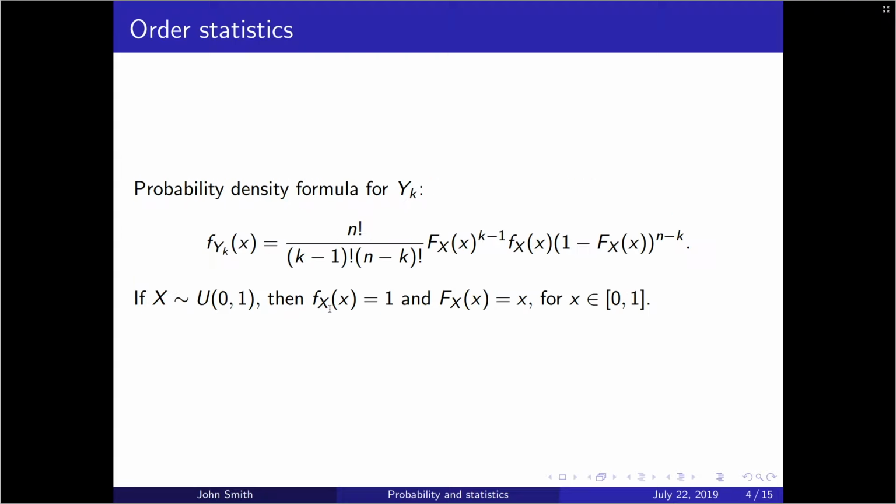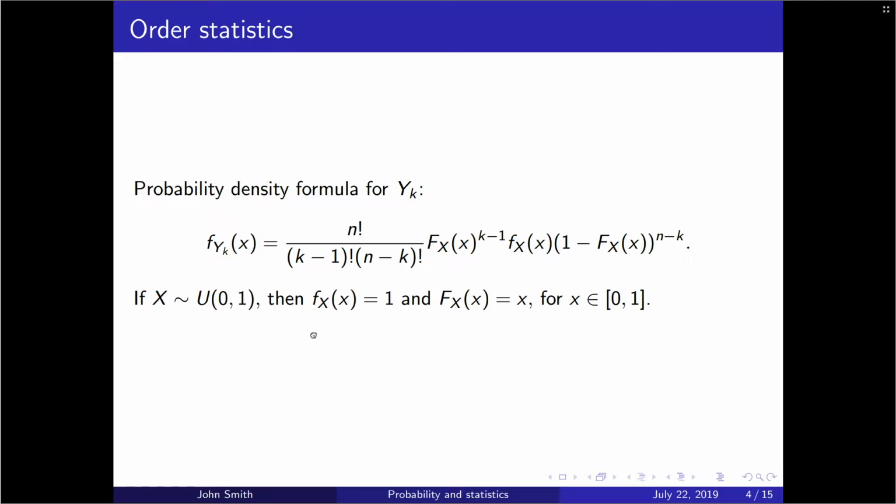Once we have the values ordered, we can ask the question, how is the smallest value distributed? What about the second smallest, or the largest? We can pick any integer from 1 to n and sketch the probability density function for the corresponding y sub k variable to see how the values are distributed. The formula is somewhat tricky, but the most important parts are the cumulative function and the density function, which are given for our case when the initial variable has the uniform distribution.